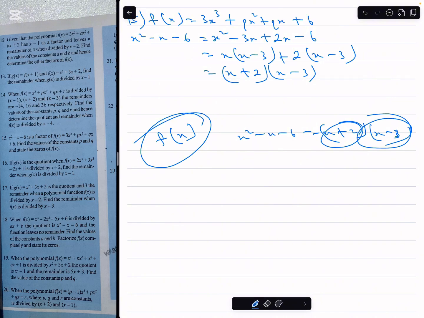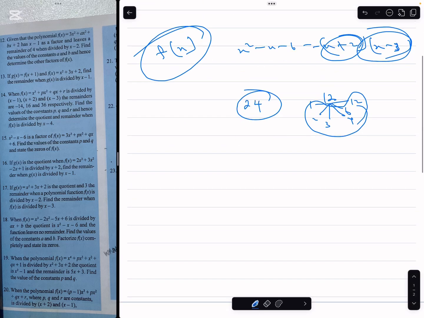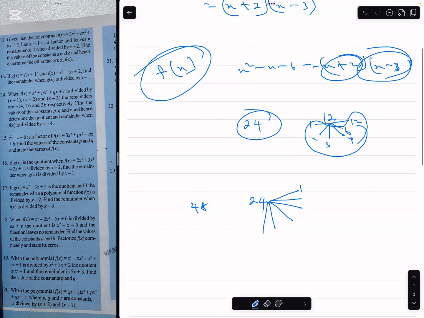It's just like saying 12 is a factor of 24. That simply means all the factors of 12 are also factors of 24. What are the factors of 12? 1, 2, 3, 4, 6, and the 12 itself. So all of these are also factors of 24. Likewise, if 24 is a factor of 48, that means all the factors of 24 are also factors of 48.